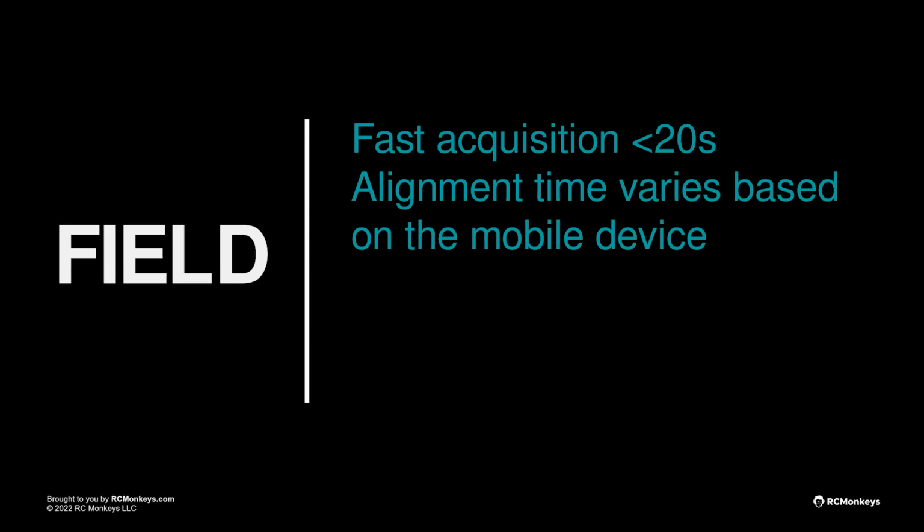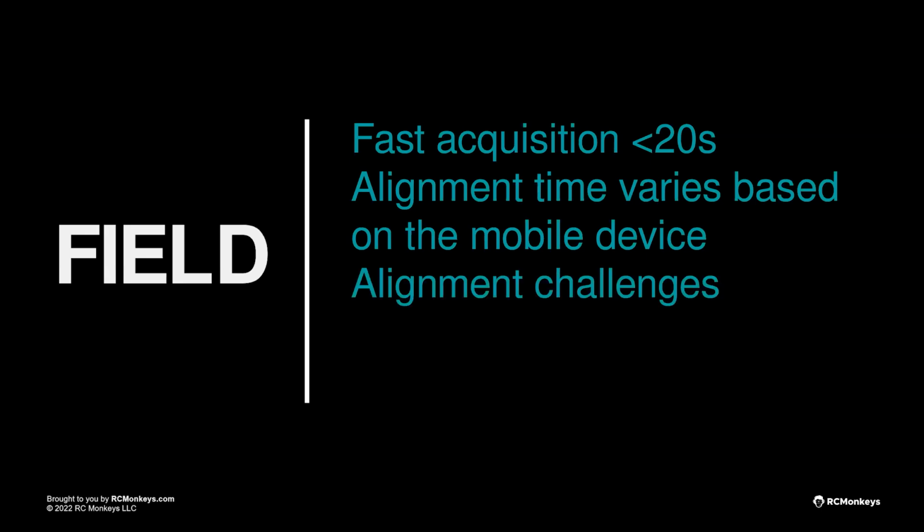The difference between the older Android device versus the new iPad Pro was just, I'll say, 20x. Sometimes it takes a minute to align and process scans on the older Android device versus about 2 to 5 seconds on the new iPad. So definitely make sure that when you choose your mobile device to control the unit, you use a newer one.